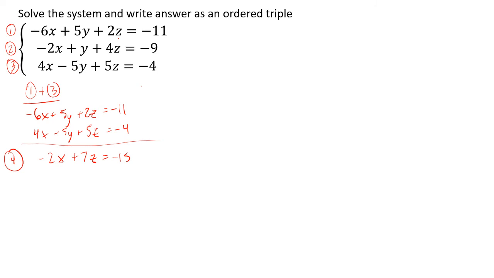Now what I want to do is take another two of the equations from the original three, and do an elimination again to get rid of y. So easiest ones that I see are 2 and 3. I'm going to take equation 2 and multiply it by positive 5, and then add that to equation 3. So 5 times equation 2 gives me negative 10x plus 5y plus 20z equals negative 45.